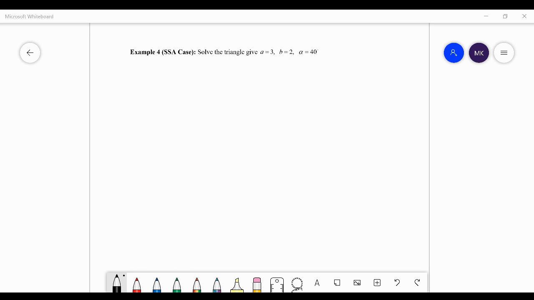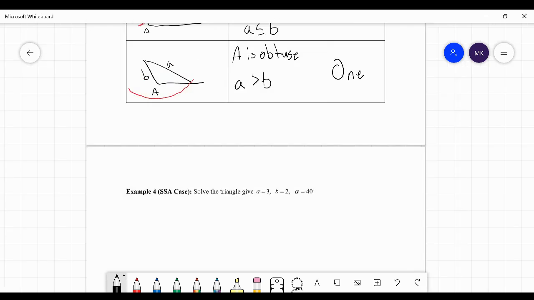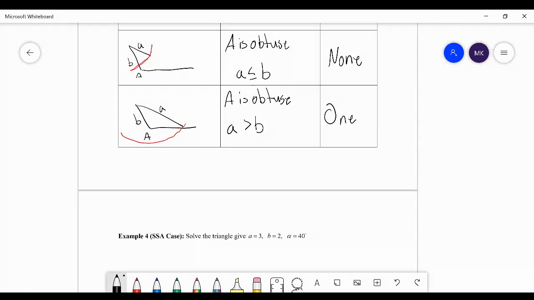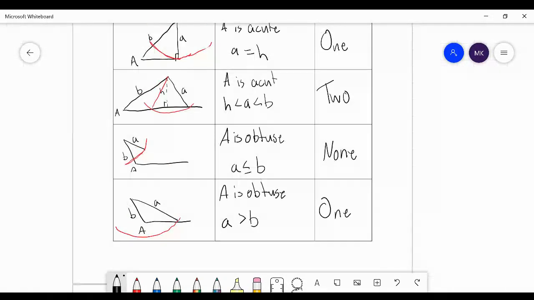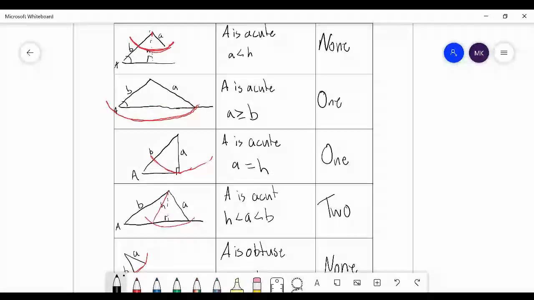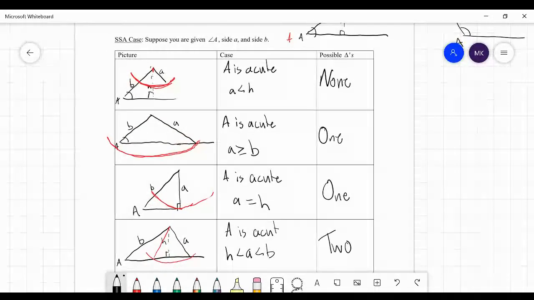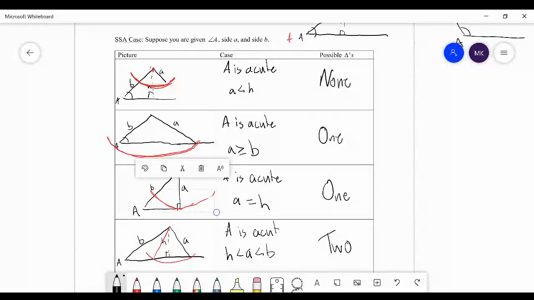So here we are given a triangle with a is 3, b is 2, and alpha is 40 degrees. If we go back up to our chart, alpha is 40 degrees, a is 3, and b is 2. So alpha is acute, so we're in one of these first four cases.